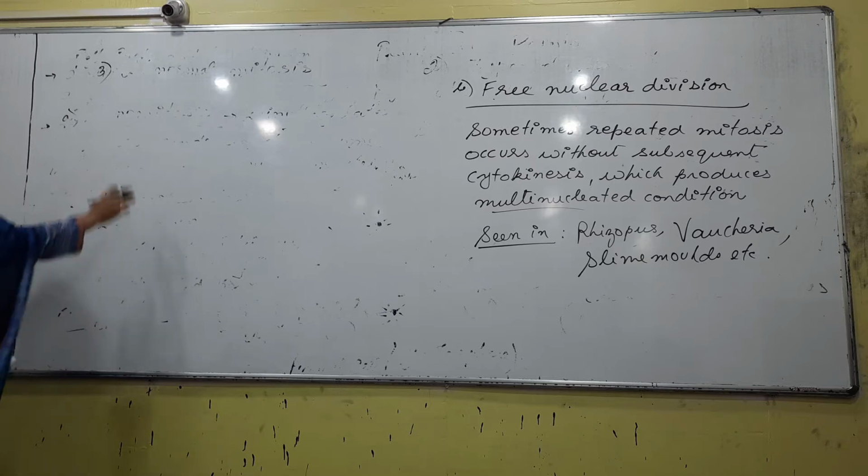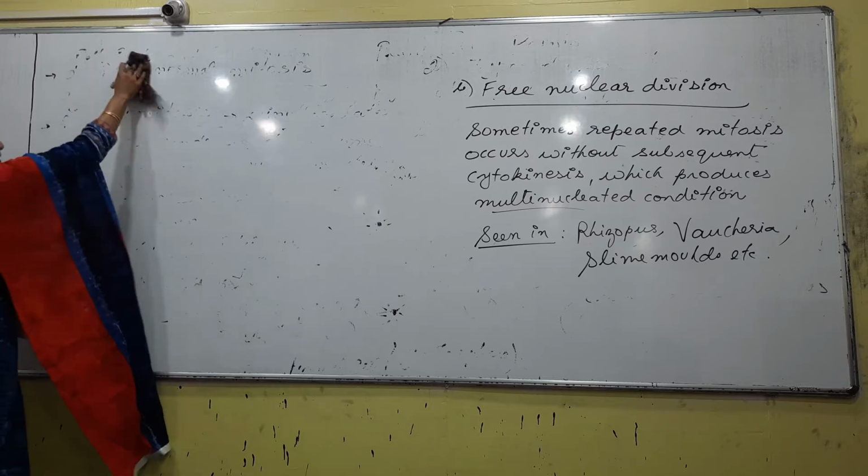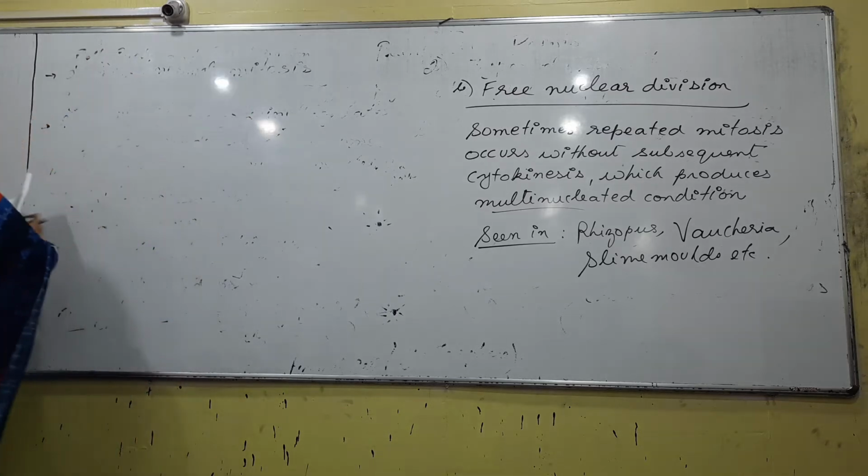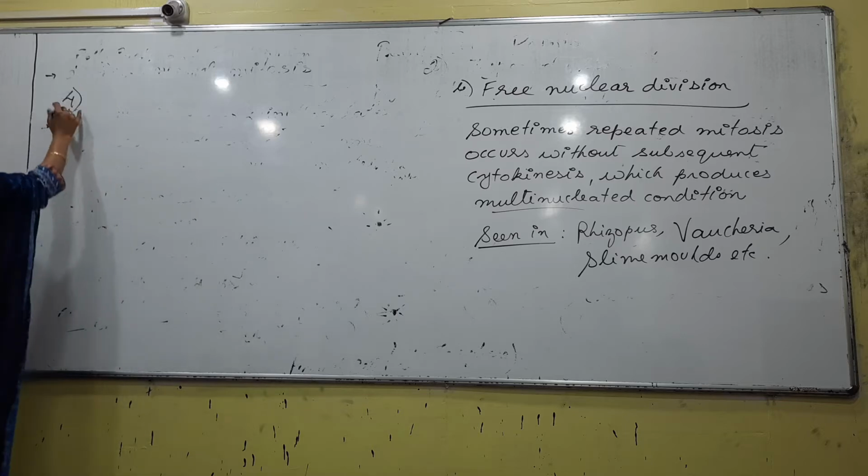Okay, so that is abnormal mitosis, point number 3. Now we have to talk about point number 4.